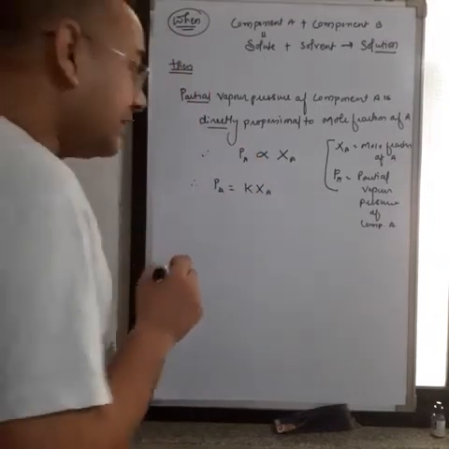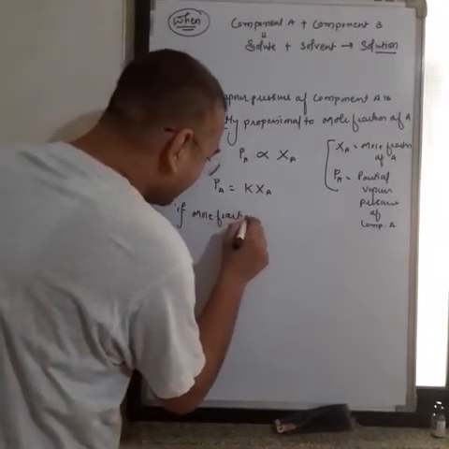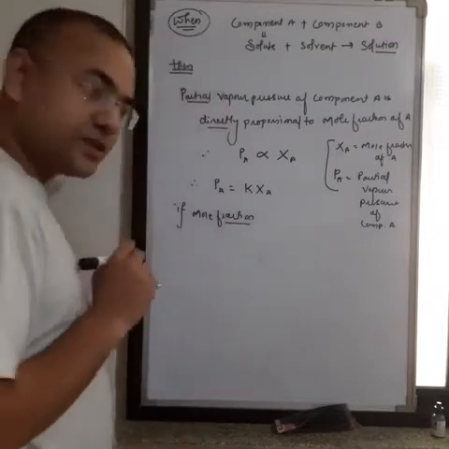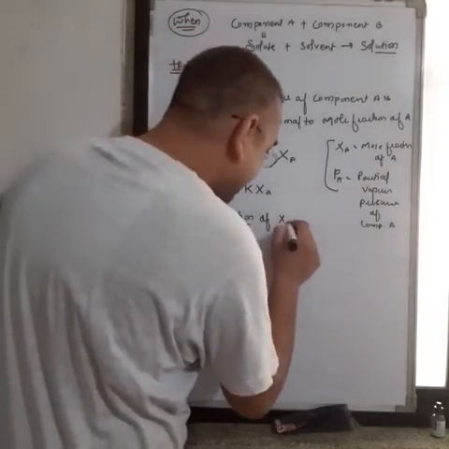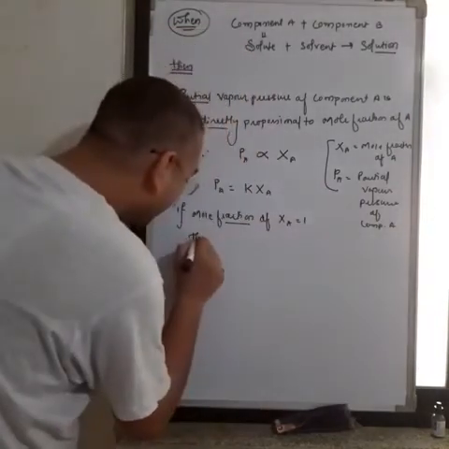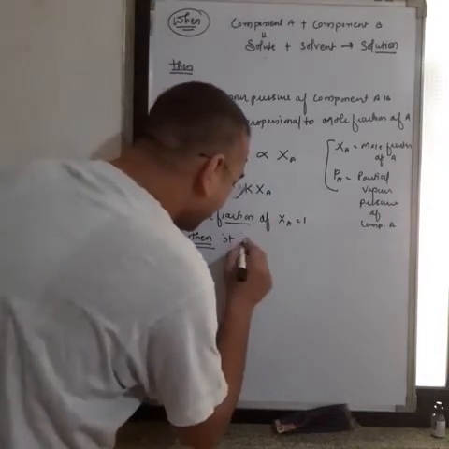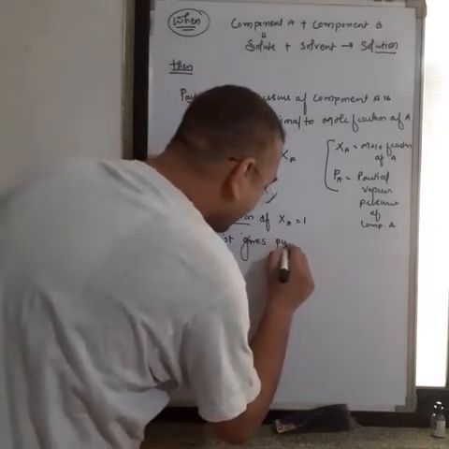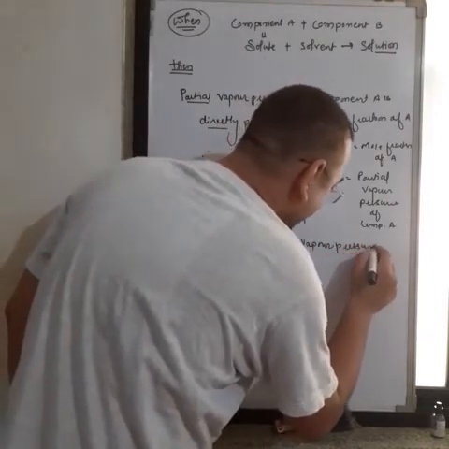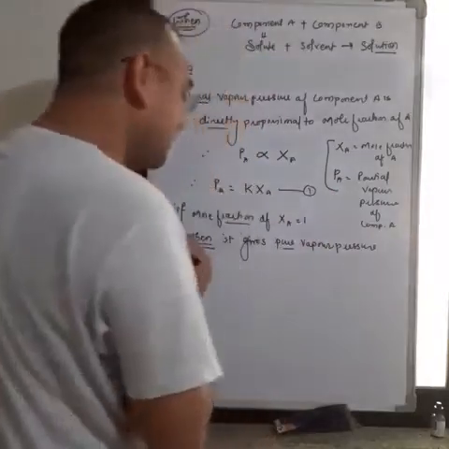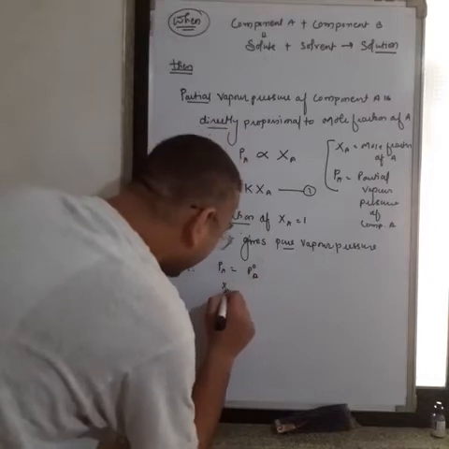Yes or no? If the mole fraction XA is 1, then it gives the pure vapor pressure. So suppose equation 1, we can write instead of PA it becomes P naught A when XA is equal to 1.